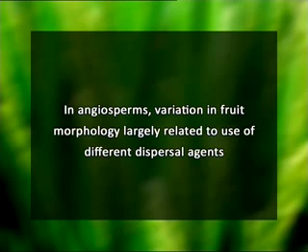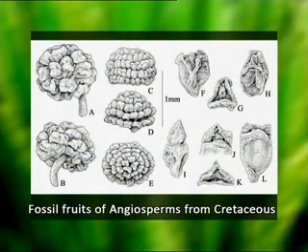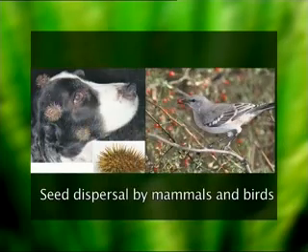In angiosperms, the variation in fruit morphology is largely related to the use of different dispersal agents. The fossil fruits and seeds of angiosperms from the Cretaceous are generally small and little specialized for dispersal by mammals or birds.